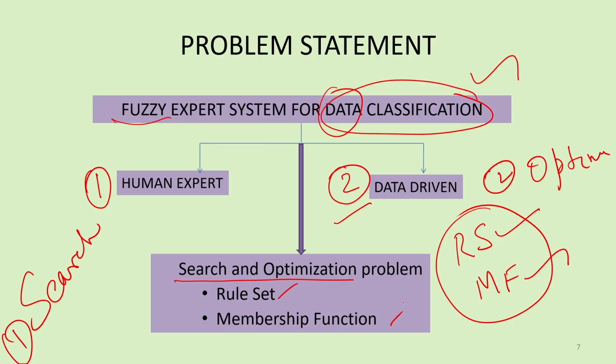So what one can do is design this kind of problem, that is designing a data classifier model using fuzzy logic, as a search and optimization problem where the rule set and membership function can be generated by means of a search and optimization task.